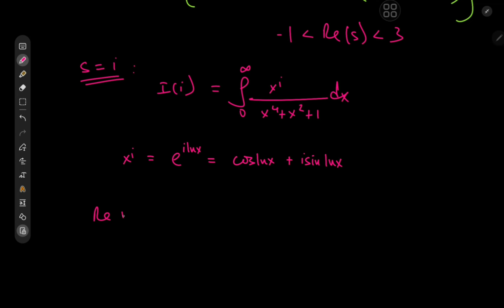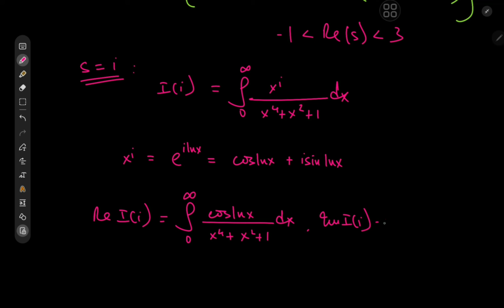Real part of I is the integral from 0 to infinity of cosine log x divided by x to the 4th power plus x squared plus 1 dx. And the imaginary part of I is in fact the integral from 0 to infinity of sine log x divided by x to the 4th power plus x squared plus 1 dx.